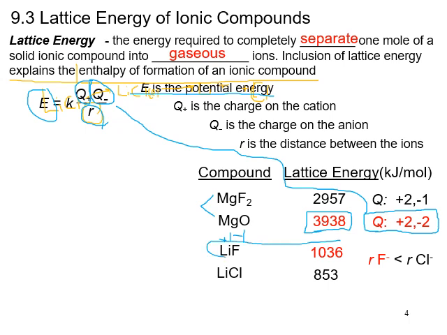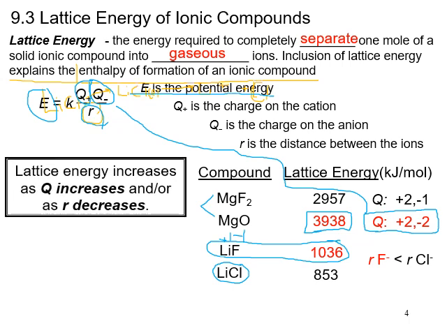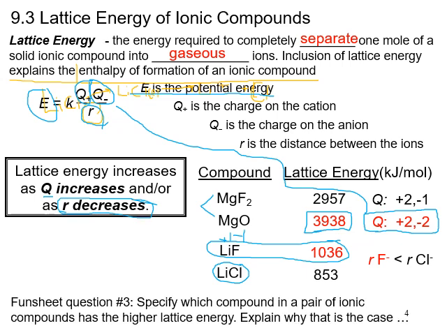Lithium and fluorine can snuggle up much closer because their sizes are more comparable than lithium and chlorine. These are too far apart, so it's easier to break their electrostatic attraction, hence the lower lattice energy. So lattice energy, remember, increases as this charge increases and as R decreases. If they are snuggled together, their energy is higher.